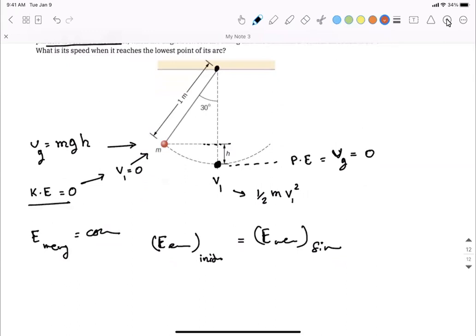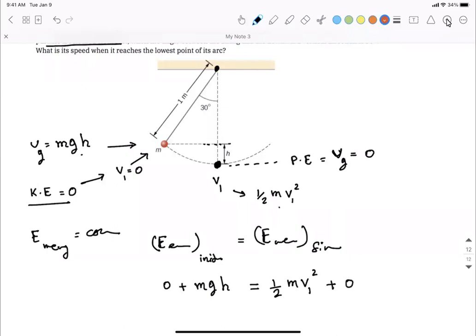Kinetic energy right here is 0 at the initial, plus potential energy, yes, we had m times g times h. That is equal to the final situation at the bottom of this swing, 1/2 mv1 squared plus potential energy 0.